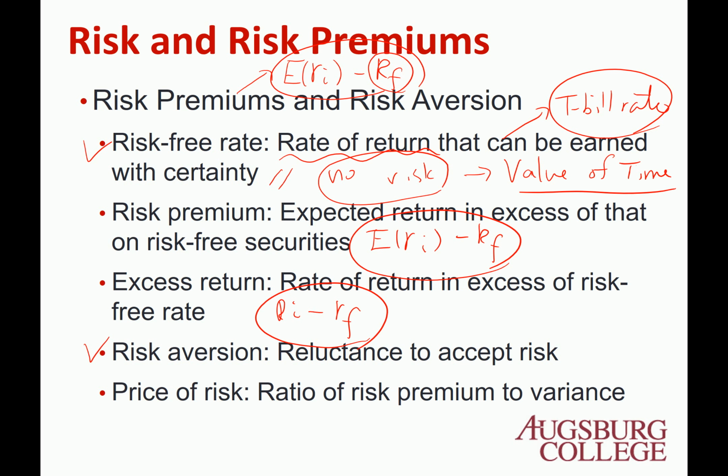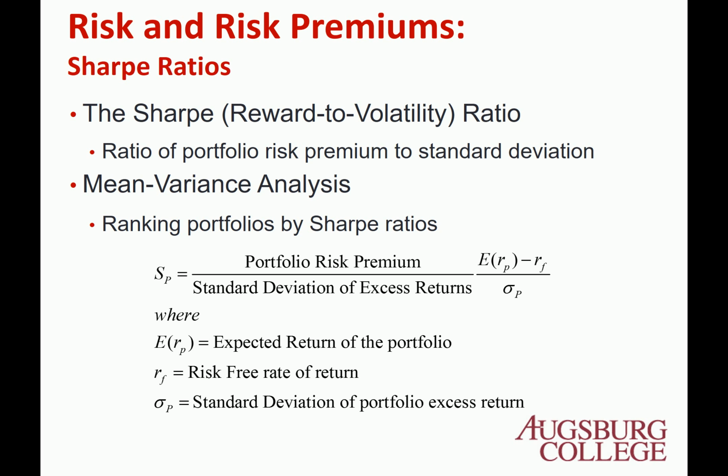Now the price of risk is the ratio of the risk premium to variance, which means the risk premium divided by the variance of the return. That's like the additional risk premium per 1 unit of variance. That's the price of risk. Now there is another ratio to measure the return per volatility, the risk, which is the Sharpe ratio.